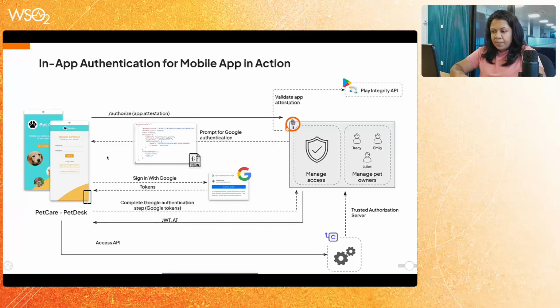Then users pick the respective login. In this scenario, the app integrates the Google SDK, gets a Google token, and passes that request back to identity server to validate and authenticate. As authentication is successful, the authorization code is returned to the app, and the app gets the access token to initiate API access.